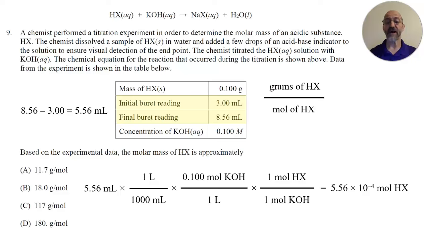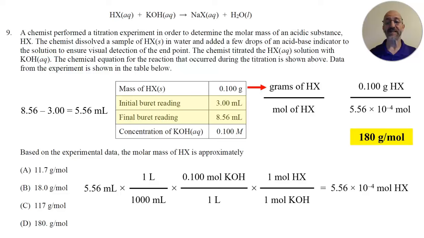So grams divided by moles would be molar mass. The grams are 0.100. The moles that we just calculated is 5.56 times 10 to the negative 4. So if I pick up my calculator and do 0.1 divided by 5.56 times 10 to the negative 4, then what I get should be the molar mass of HX.